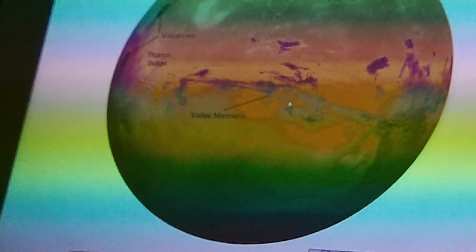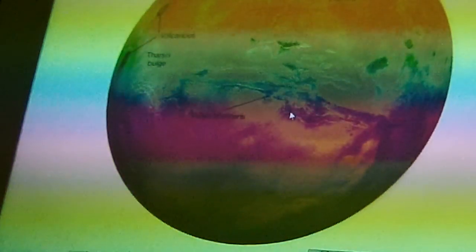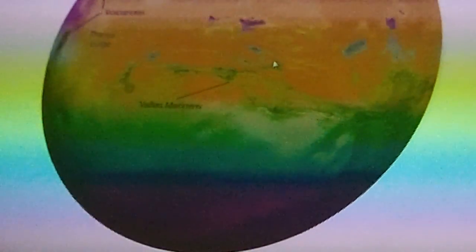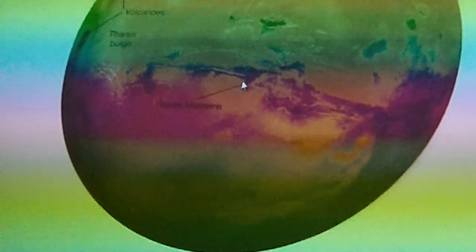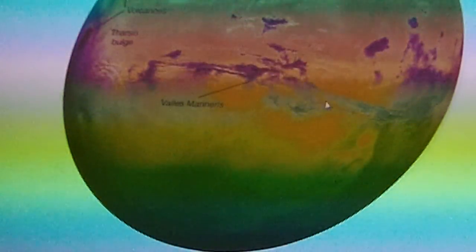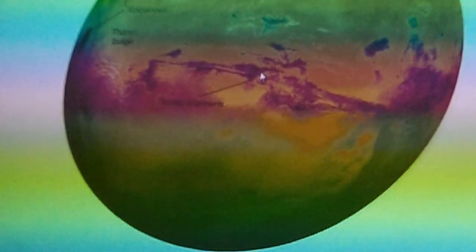Our Grand Canyon could fit in one of these little side cracks right there. And this thing is huge. And the depth of it is way deeper than the Grand Canyon. And the Grand Canyon is deep. I mean, you look over the edge, it's like a mile to the bottom. This is way deeper than that.